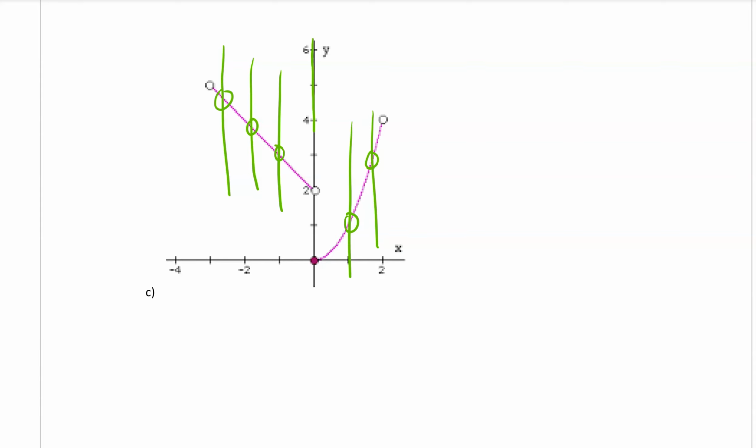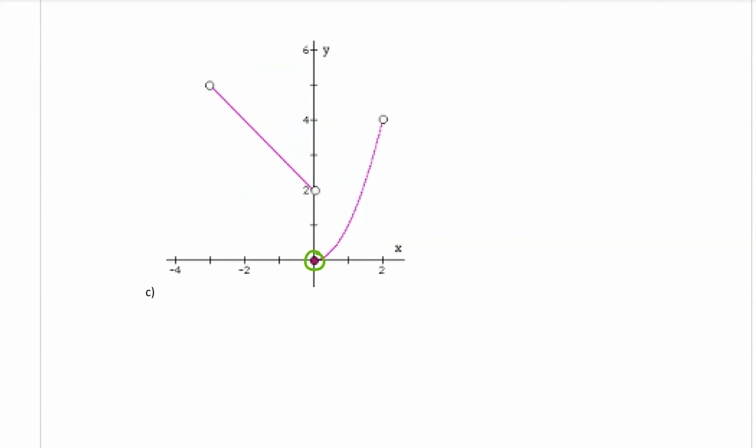So if I drew a vertical line right on the y-axis, we might ask ourselves, is that hitting the graph at two different locations? And the answer is no, because there is a solid dot at the origin, but at the point 0, 2, there is an open dot, which means that the function is not existing on the open dot, but only where the closed dot is.